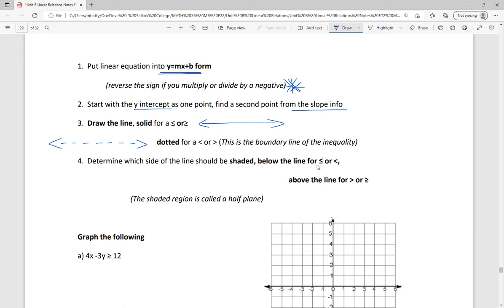The last part here is sometimes a little bit tricky. So basically with these, we're going to be shading a region of the graph. This is called the half plane. And basically, it's either going to be above the line for greater than or greater than or equal, or below the line for these.